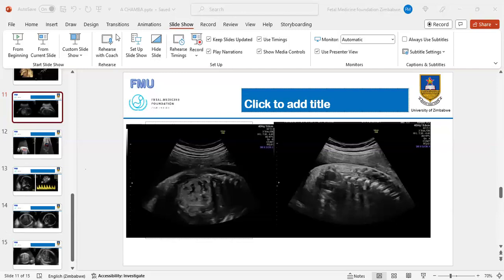So maybe Sister Chamba and team, if you could try and get information or data for this patient, because this is a very interesting case which you can write up and also present in other bigger forums. So try to get this data from the neonatal team, so that we add more flesh to the case, because it's a very interesting case.